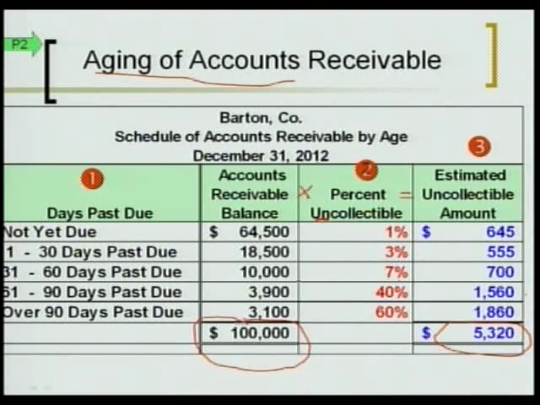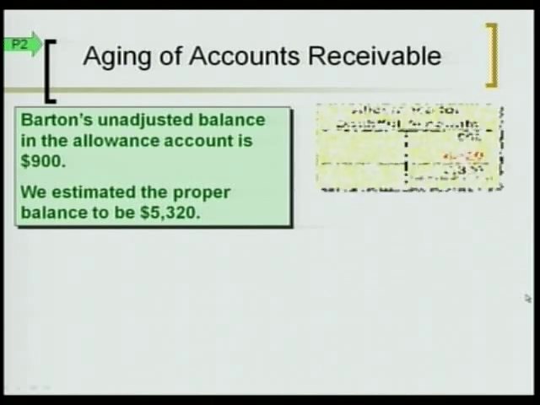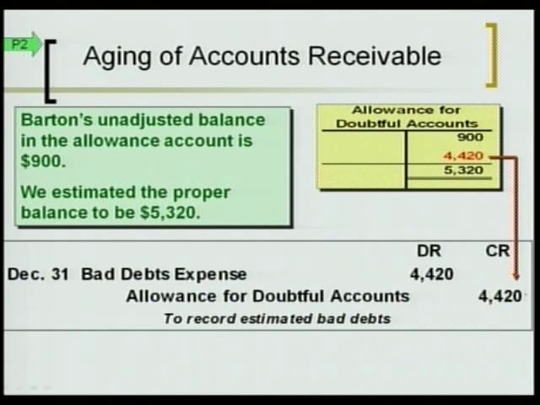Then we take that 5320, which is the total there at the bottom right, and that is the amount we want to be the ending balance. Okay? See it right here? Now we still have a beginning balance to deal with of 900, so our entry is for 4420. You with me? Okay.